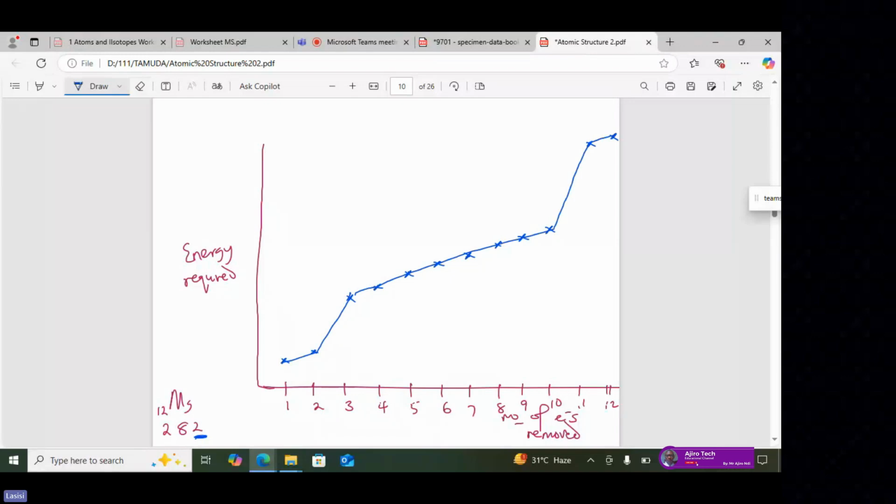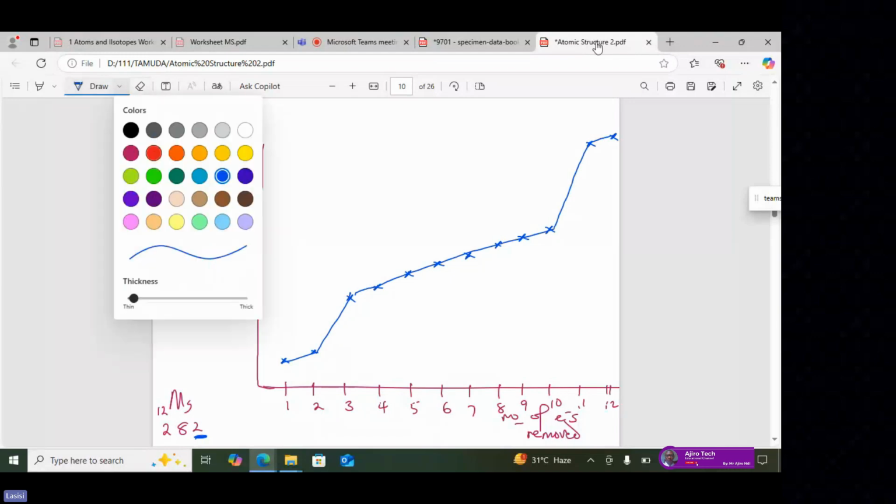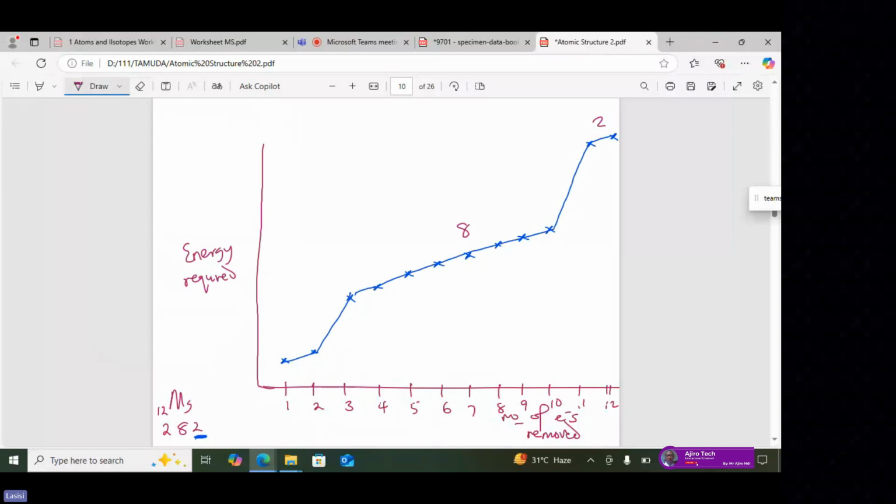So this guy belongs to group 2. The first 2 are the outer electrons. How do you know? These 2. Maybe I should do aluminium. This is the outer shell, the middle shell, and the inner shell.